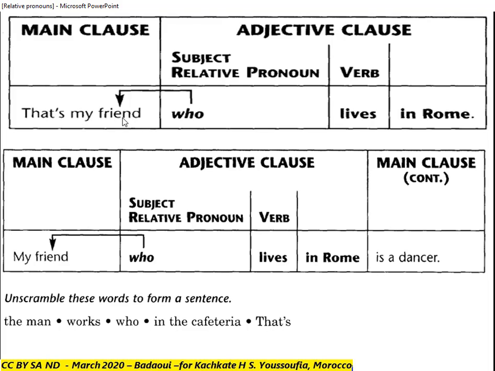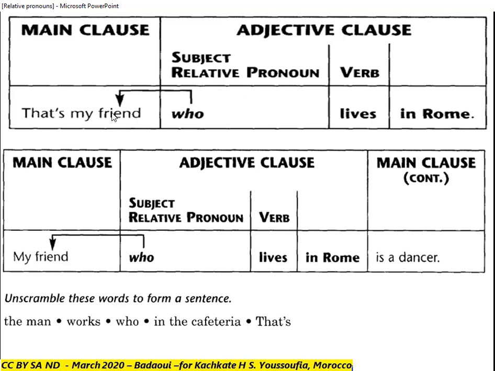So he's saying, "That's my friend." Which friend? The friend who lives in Rome. So who lives in Rome is a clause that gives us more information about the friend.